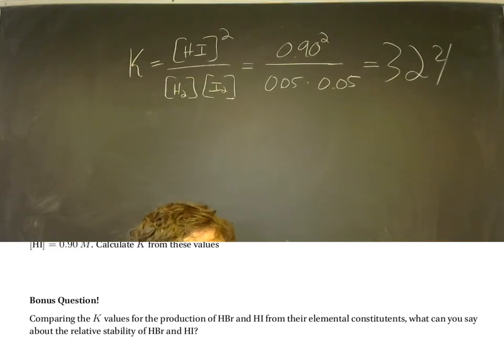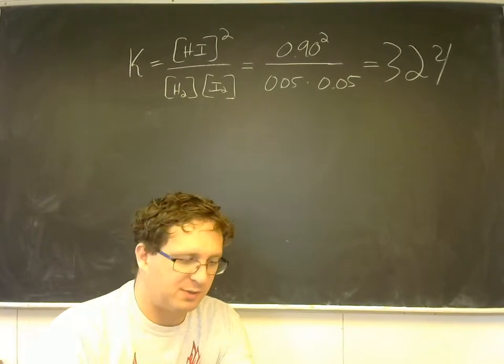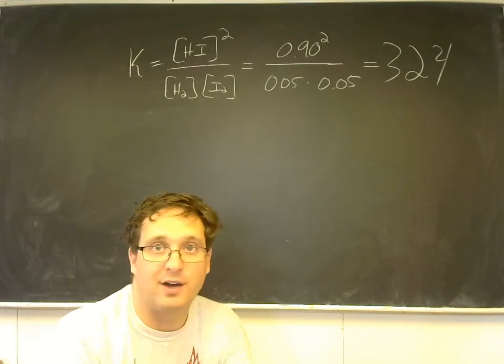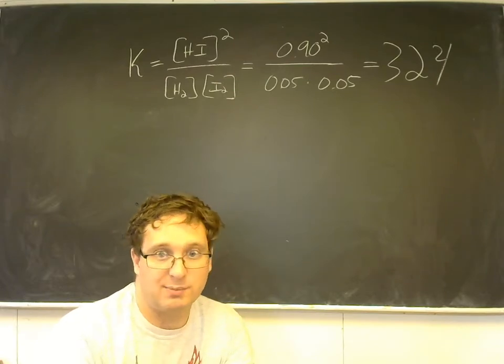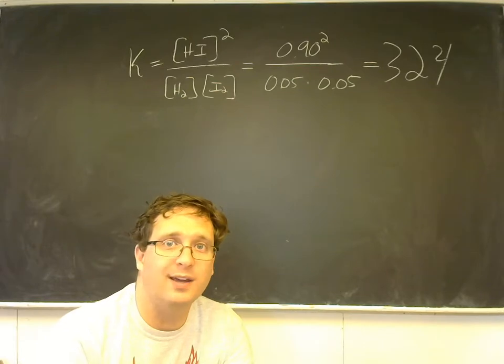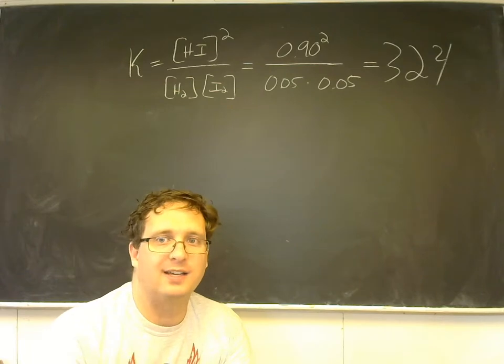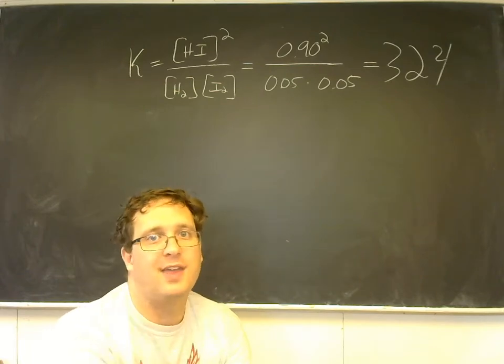That means the formation of HBr has an equilibrium constant that is larger; it is more heavily product favored, and that means HBr is more stable than HI. HI is less stable than HBr. Just by comparing, 324 is less than 2,780. This is interesting because it is a way to explain why, although HBr and HI are both strong acids, HI is a slightly stronger acid than HBr.